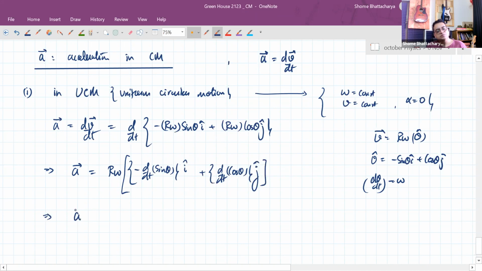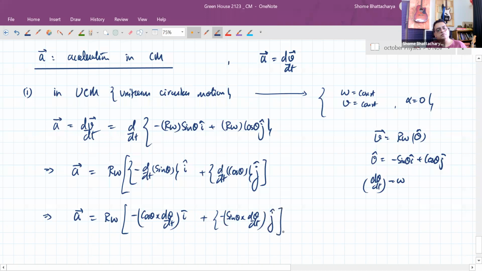So the acceleration becomes r omega. Now differentiation of sine theta is cos theta, but applying the chain rule, there'll be an extra d theta by dt, and differentiation of cos theta is minus sine theta. So again into a d theta by dt term, this gets multiplied with j cap.